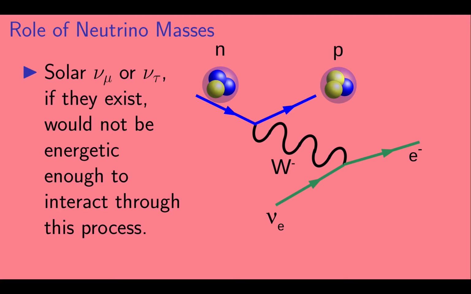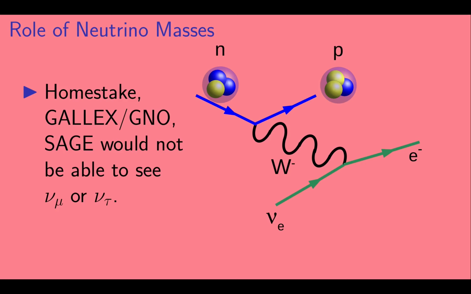So, solar muon or tau neutrinos, if they exist, would not be energetic enough to interact through this process. And that means that these experiments would not be able to see muon or tau neutrinos.